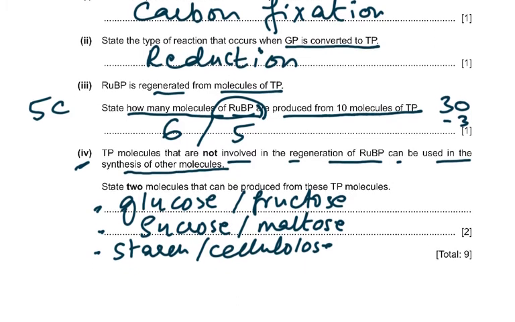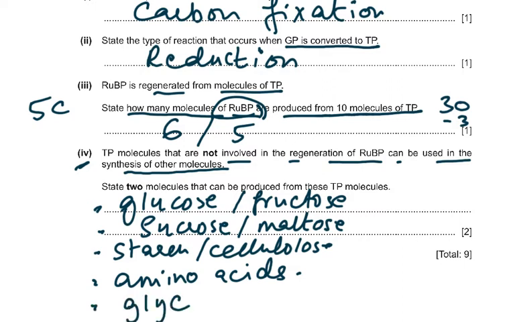Starch or cellulose, and then you could have said that maybe that's attached to a nitrate and results in an amino acid, or you could have said glycerol or fatty acid. So you see, you have to see how it is under different categories. First was a monosaccharide, then disaccharide, then polysaccharide, then the monomer of proteins, and then the basic constituents of fats or lipids or triglycerides.